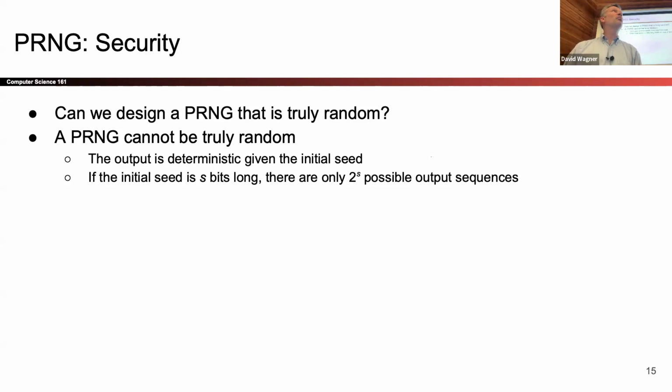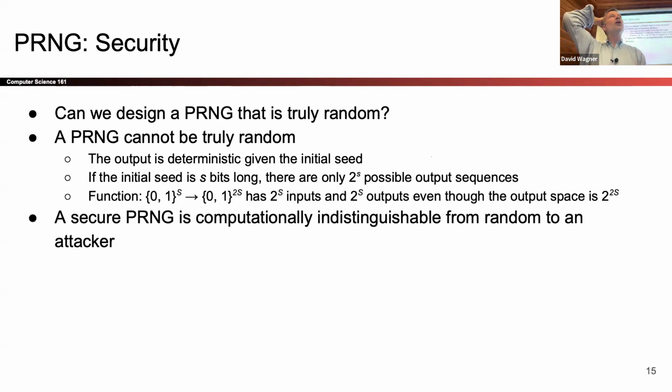So can all possible 1 megabyte sequences be equally likely? No way. There's only 2 to the 128 possible seeds. So there's only 2 to the 128 possible outputs. And all the others are impossible. So the output from a PRNG can't be truly random. Can't have the same distribution as if I'd flipped a coin 8 million times.